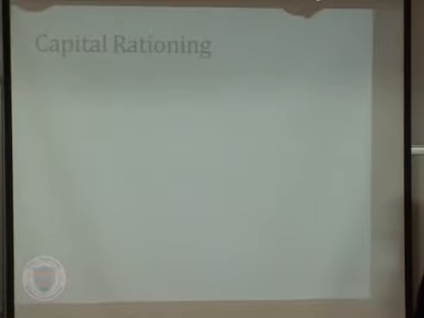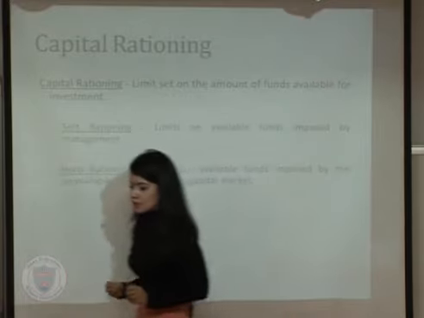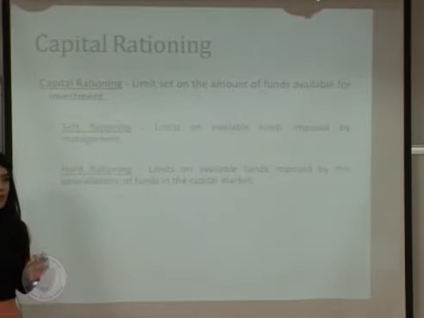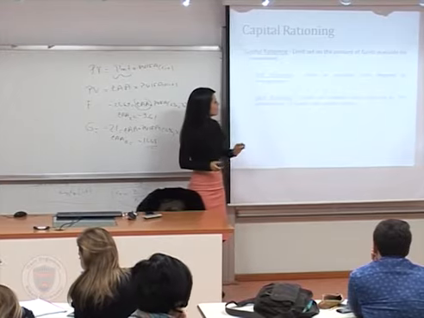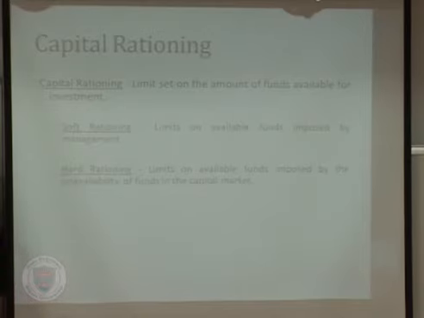So basically, what we did was we said, okay, when we are making investment, we should pick the projects that will add value to the firm. If the company has some kind of capital rationing, it means the company has limited funds for new projects. You may have soft rationing. So it's basically the CEO says, I'm going to put a limit on the funds.